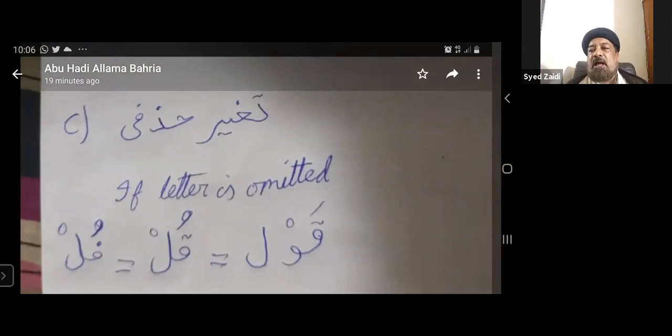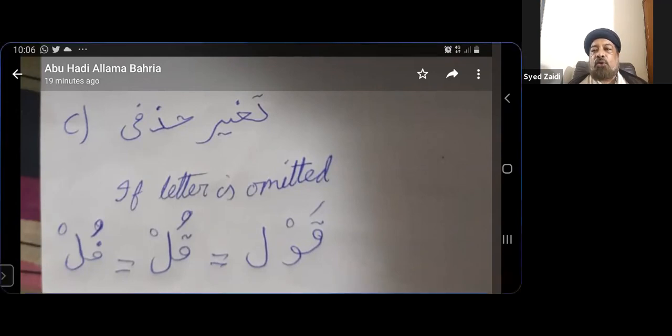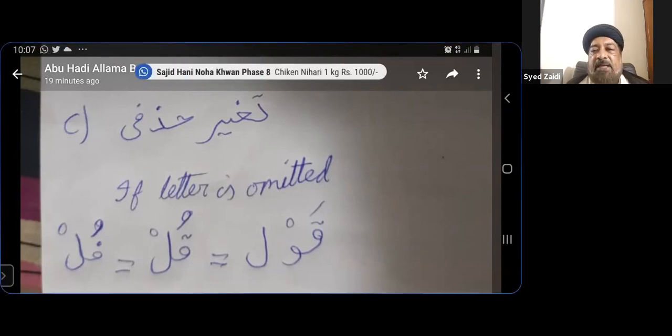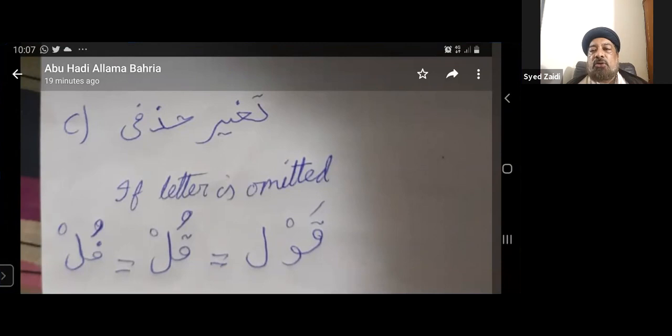For example, qawl was the original word of qul. There are so many verses in the Quran like qul la as'alukum alayhi ajran. Qul. When Allah subhanahu wa ta'ala speaks to his prophet and says, give me a message, he says qul, say. So qul was originally derived from the word qawl, right?